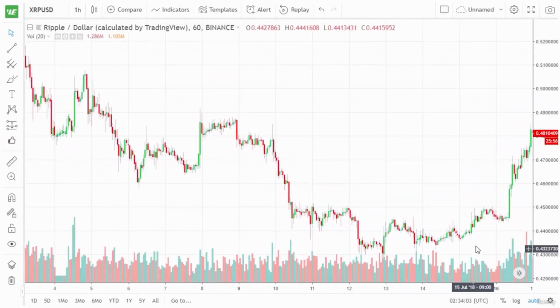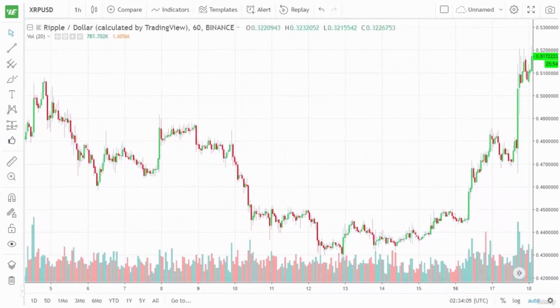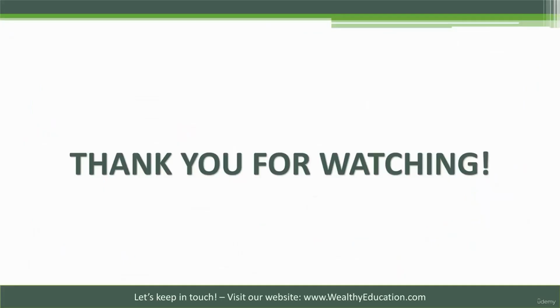You need to recognize these levels, and you need to realize that although there is no 100% certainty to these double tops and double bottoms, when you do play them and you do follow the market when they rally from a double bottom like that, you are definitely increasing the odds of your trading. And after all, that's all we're trying to do. In the next video, I'll take a look at rounding tops and bottoms.